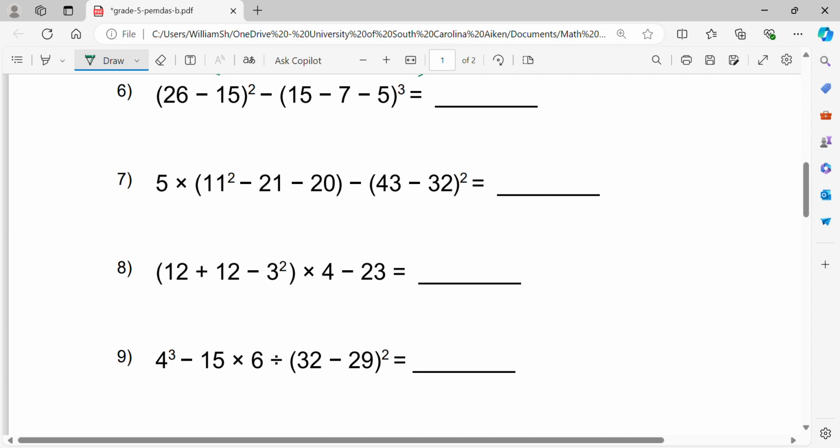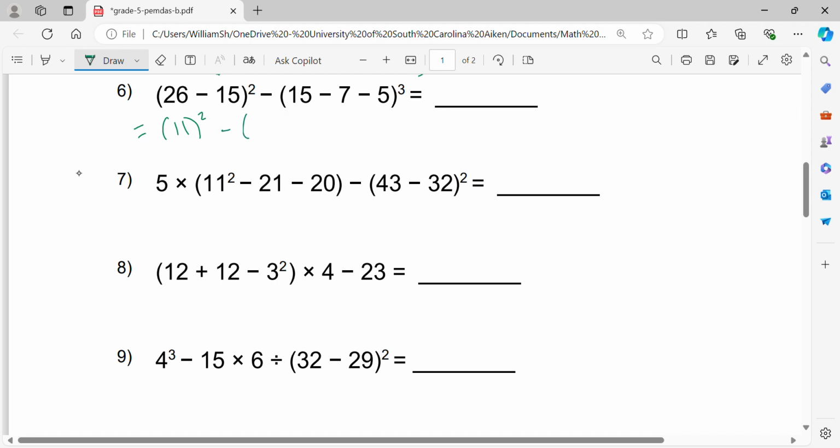Alright, number 6. Have parentheses 26 minus 15 all squared minus parentheses 15 minus 7 minus 5 all cubed. Got to do what's inside the parentheses first. So I'm going to do 26 minus 15, which should give me 11.